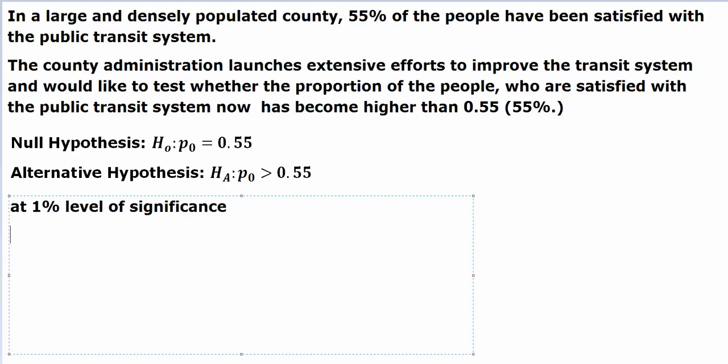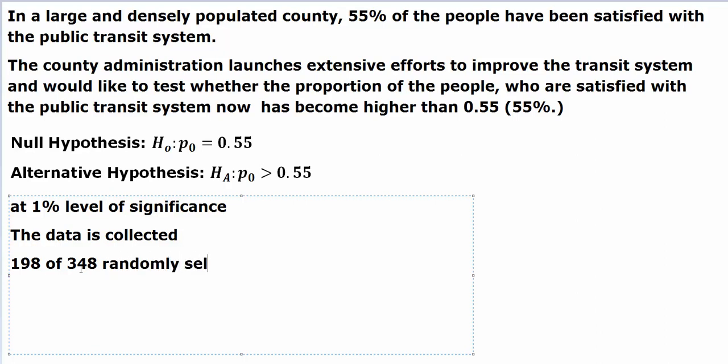And now if they collect the data, okay, the data is collected, and let me write the information, 198 of 348, okay, randomly selected people say that they are satisfied with the transit system, right?